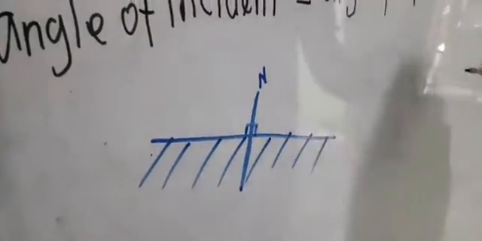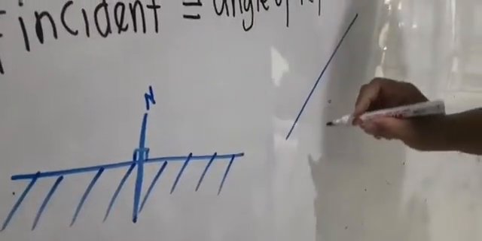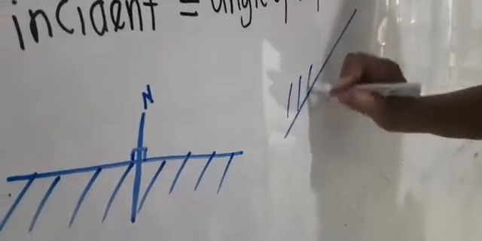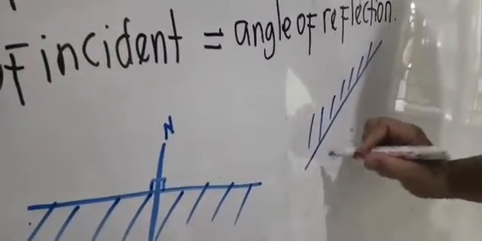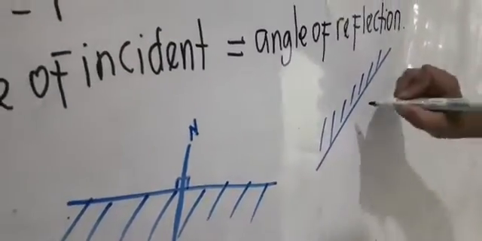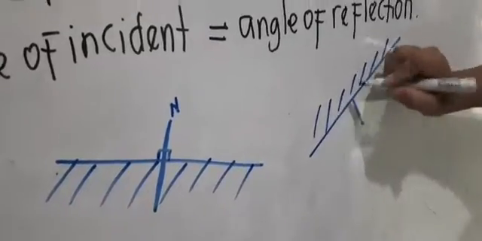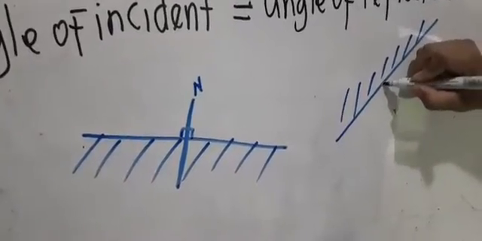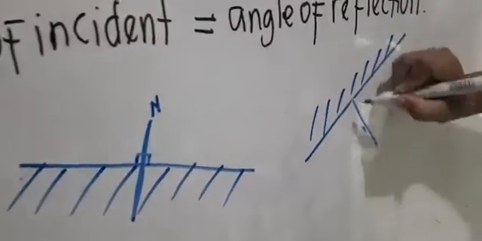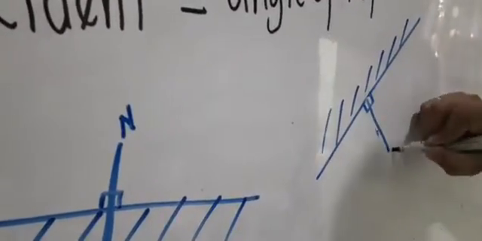The second example is if the surface is like this. This is the back and this is the front. The normal line has to be perpendicular to the surface.